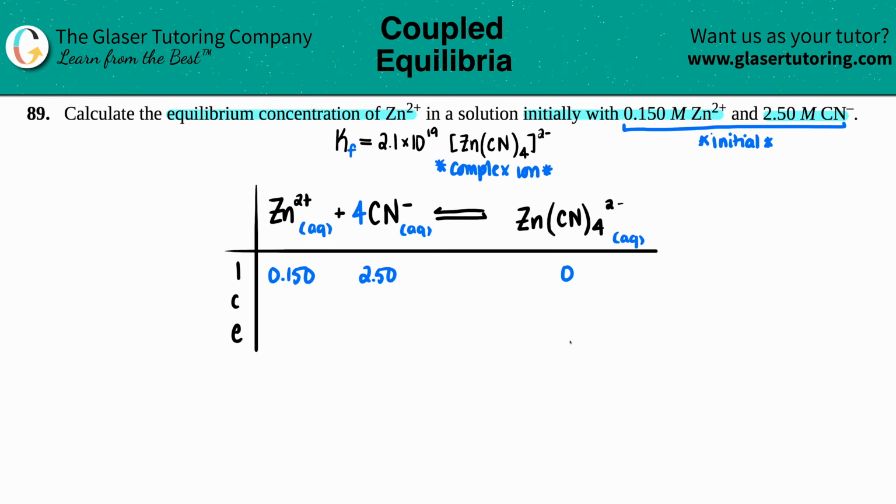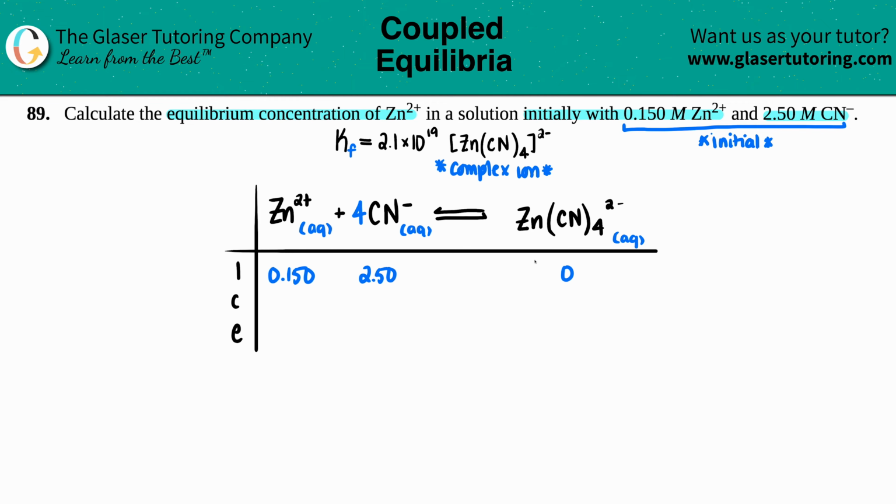Now, generally speaking, if we're on autopilot from all of these K values that we've been doing for like 3 chapters, this would be basically -x, this would be -4x, and this would be +x, etc., etc. However, with complex ions, it's a little bit different because since the K value is so high, I mean, it's times 10 to the 19th, that means at equilibrium, you should have mostly or all of your complex ion, right?